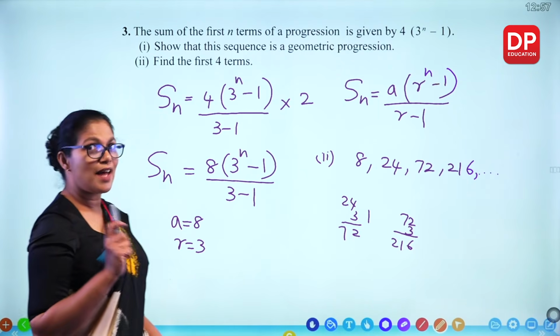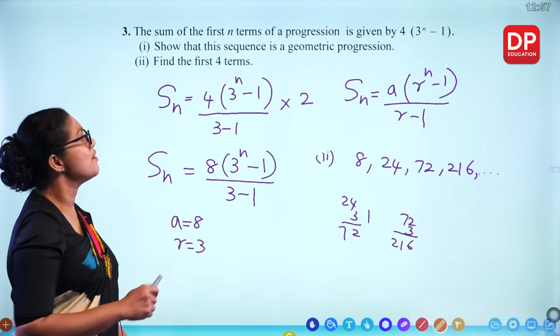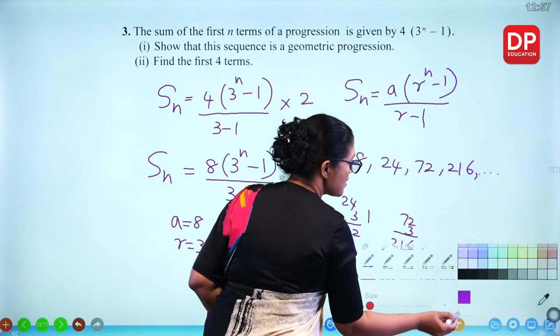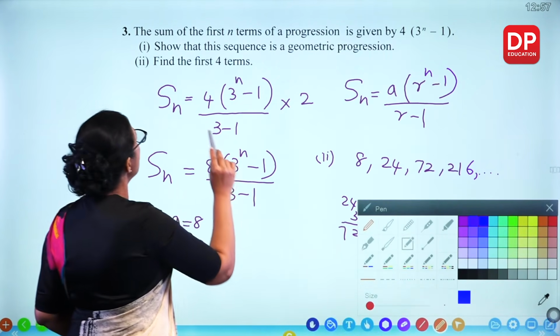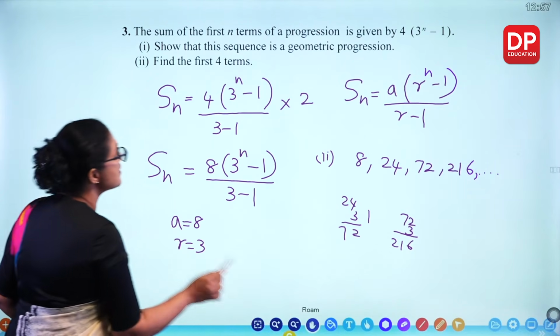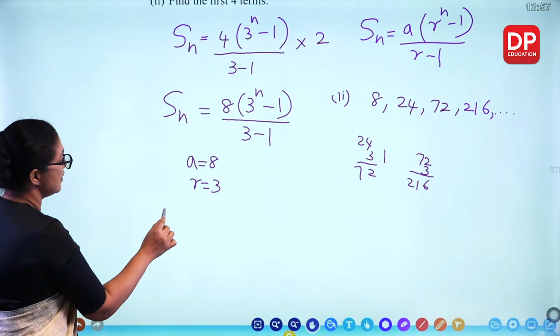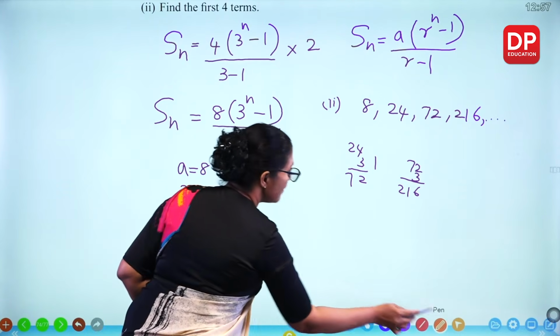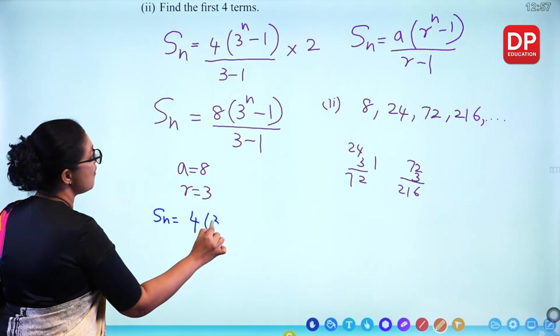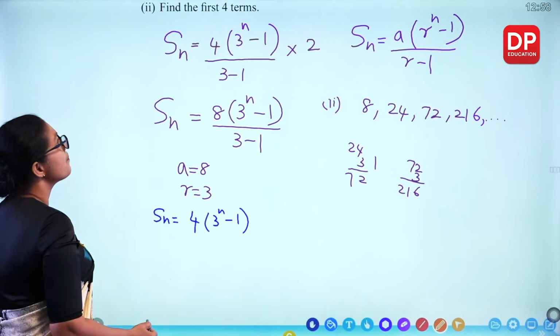Now I'll show you another method to do this question. If you can't figure out this one, you can use this method as well. We know the Sn formula. So Sn is given as 4(3ⁿ − 1).